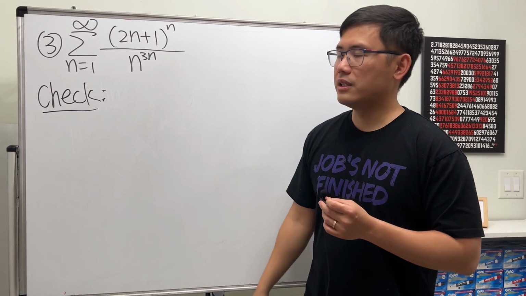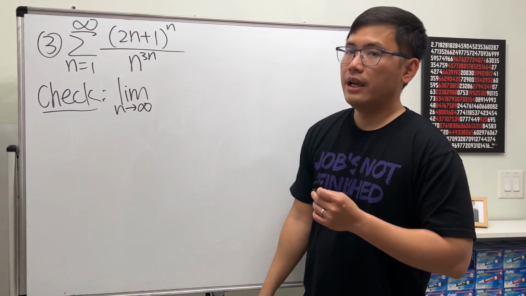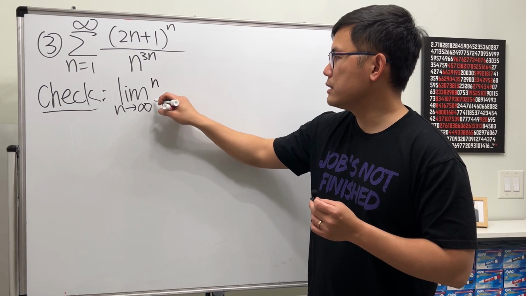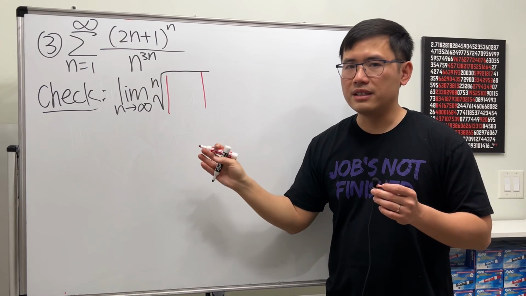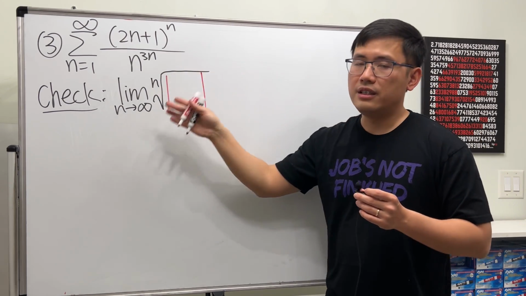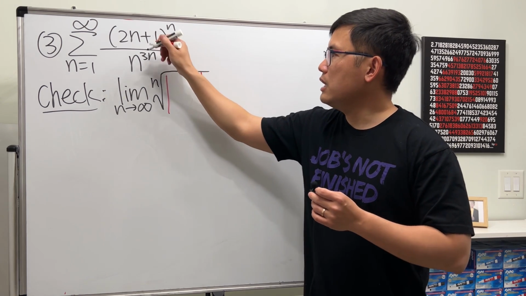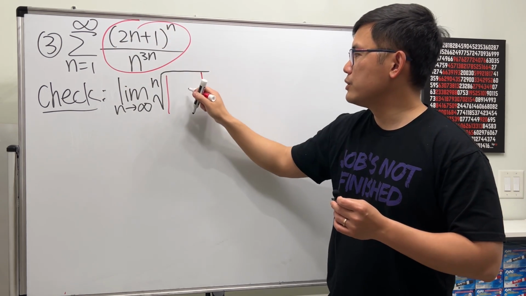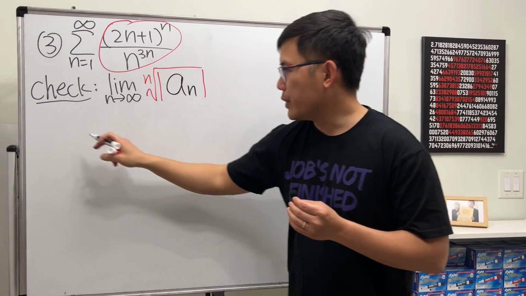So what we are going to check is the limit as n goes to infinity, and we take the nth root, and then here, just in case sometimes we have negative stuff, but don't worry, we will take the absolute value. Again, this right here is our a_n, and we're just going to put the a_n in here. So here we go.